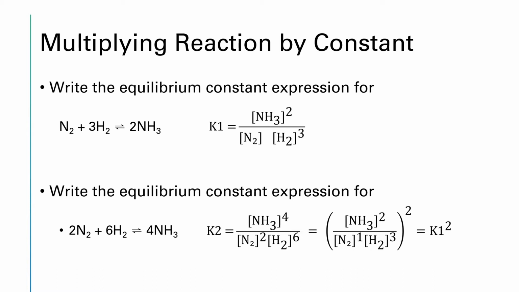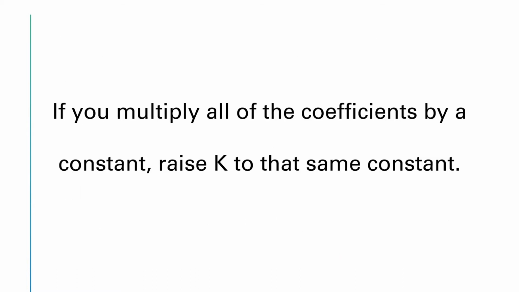And so the bottom line is that our new equilibrium constant expression, or our K2, is equal to our original equilibrium constant expression raised to the 2nd power. So multiplying all of our coefficients by the constant 2 caused us to raise our equilibrium constant to the 2nd power. Bottom line, if you multiply all of the coefficients by a constant, raise K to that same constant.